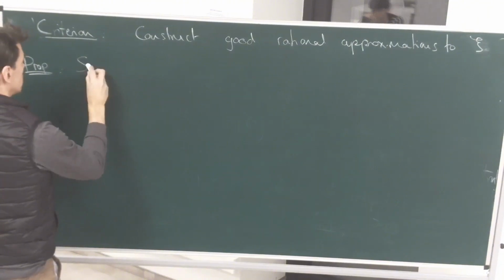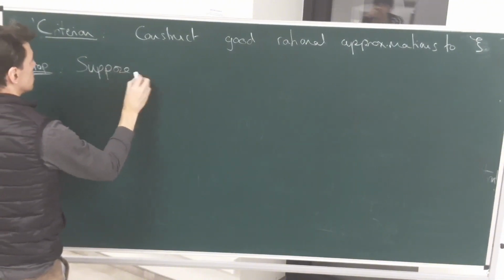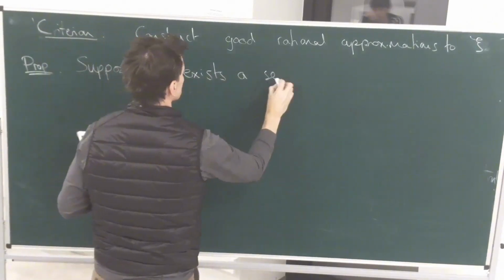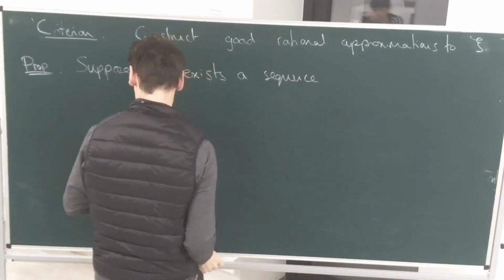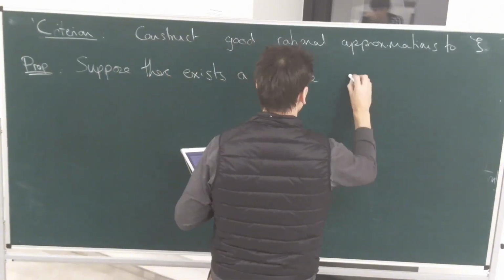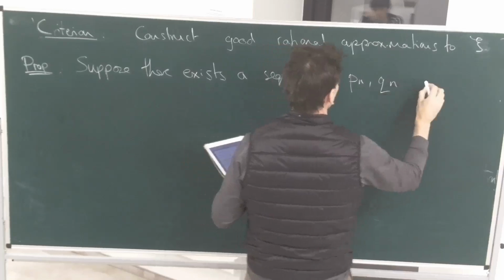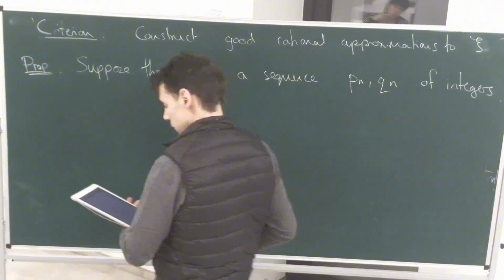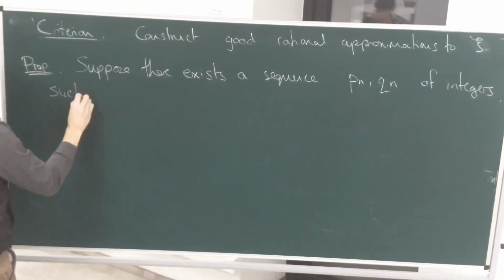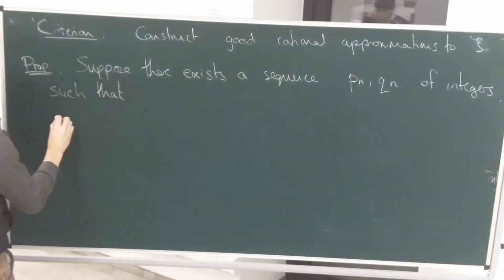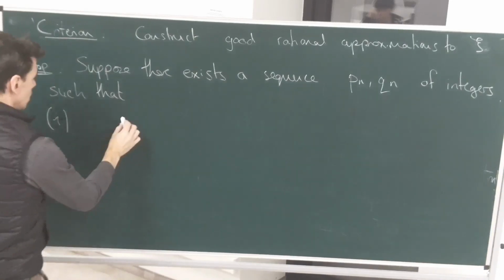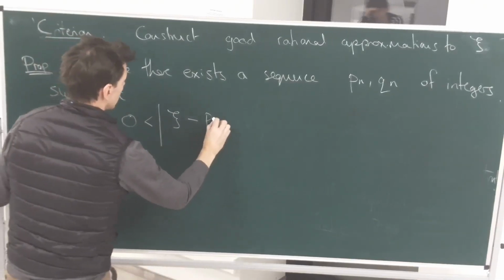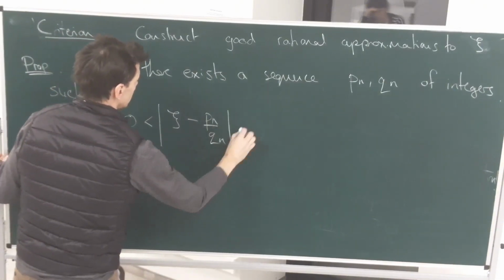Suppose there exists an infinite sequence Pn, Qn of integers such that condition 1: psi minus Pn over Qn is very small.